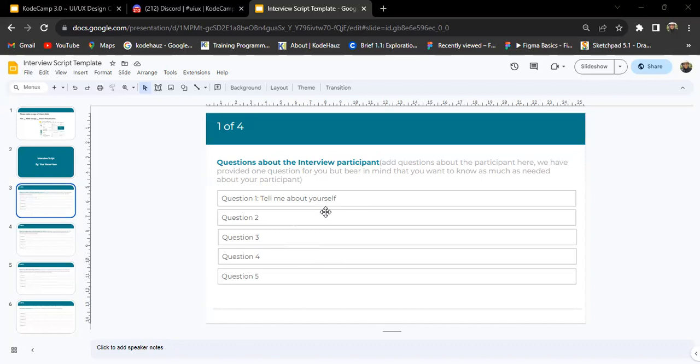Remember that we had questions like, have you ever used a banking app? What mediums do you use? And questions like that. You fill them in here. Question 1, question 2, question 3, question 4, question 5. So this is what an interview script looks like. And I'm going to share the link at the end of this class.